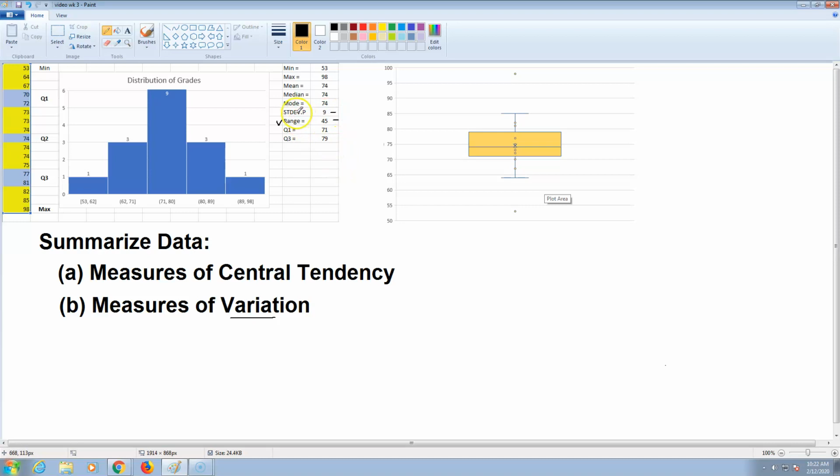Now you're wondering how you use that number 9, the standard deviation of 9, to make sense of the data you have here. Well, I'm going to use a combination of the standard deviation and the mean to create a bell-shaped curve. Even though the histogram here looks like a bell-shaped curve, I can make a more accurate bell-shaped curve than the one I see with the histogram.